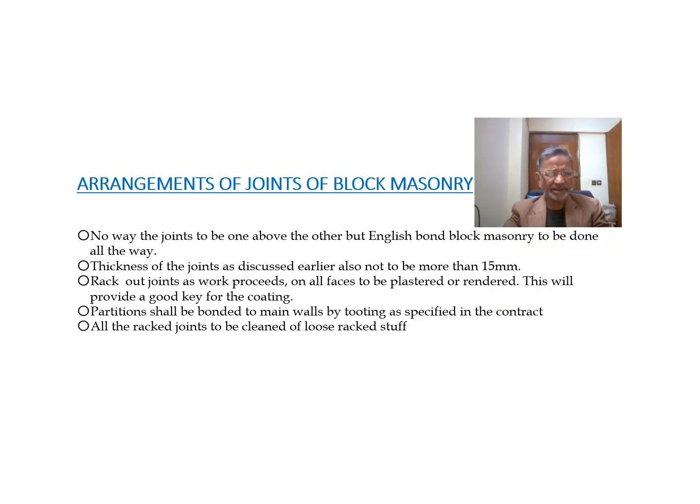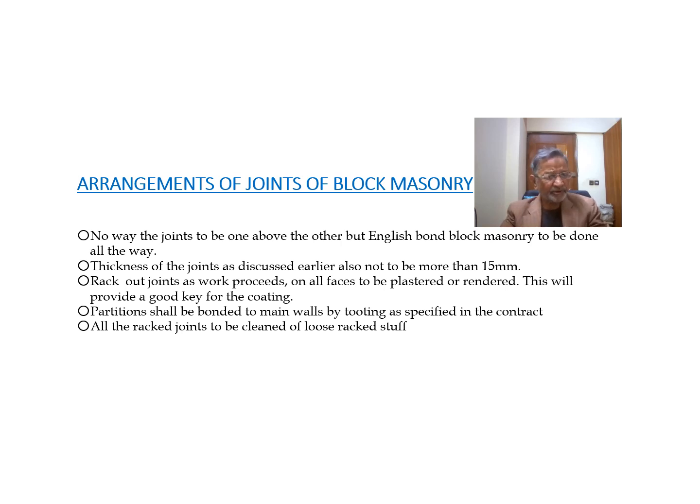In slide number 8, we'll discuss the arrangement of joints of block masonry, as we discussed briefly in earlier slides. Once again, because this is an important issue to be taken care of at construction projects.